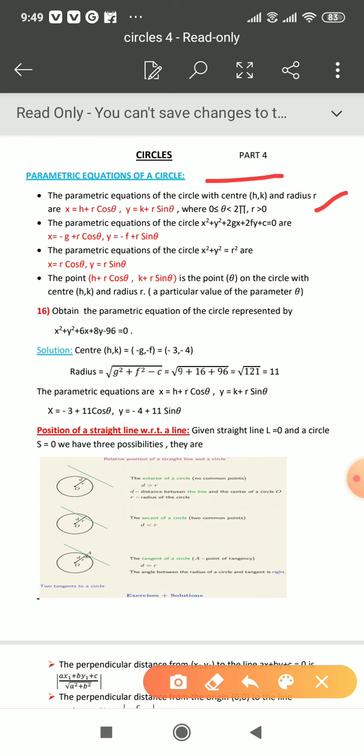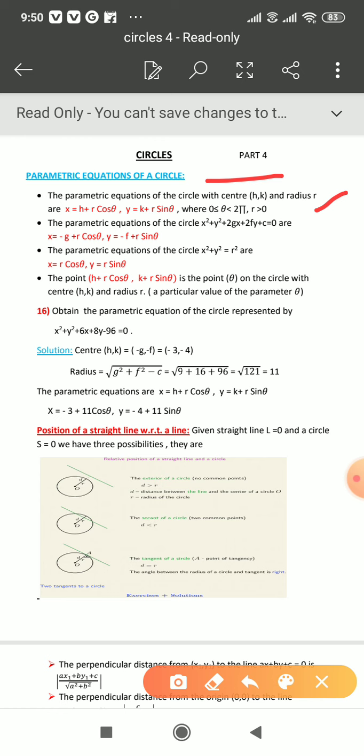Now the parametric equations are x equals minus g plus r cos theta, y equals minus f plus r sin theta. These two are the same, but here the center is (minus g, minus f), that is equal to (h, k). So substitute minus g, minus f in place of h, k in the first point. Like that, if the circle equation is given, the parametric equations are x equals minus g plus r cos theta, y equals minus f plus r sin theta.